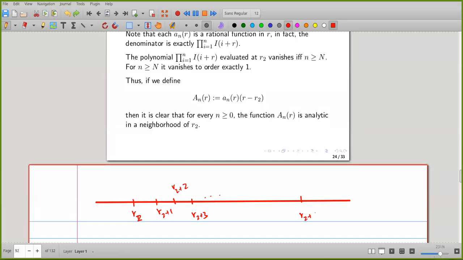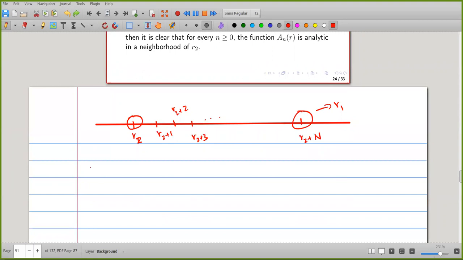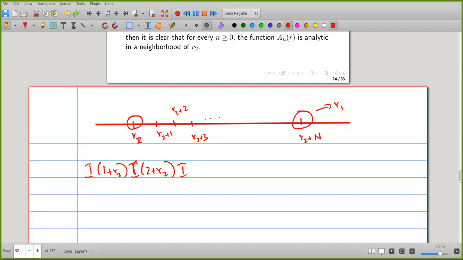So this is one root, R2, and the other root is R1. We are in this case, this is R1. So when we look at this polynomial, we are looking at I of 1 plus R2, I of 2 plus R2, I of 3 plus R2, and so on up to I of n plus R2.